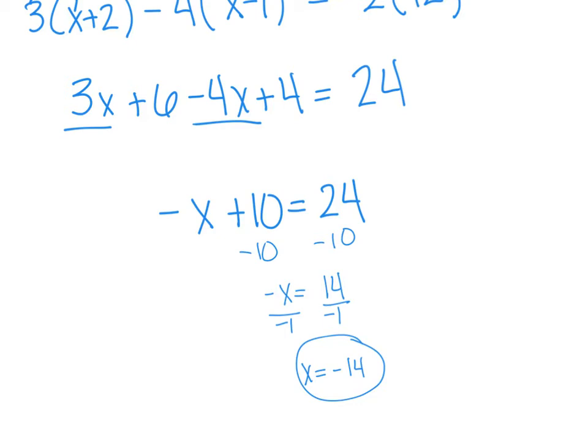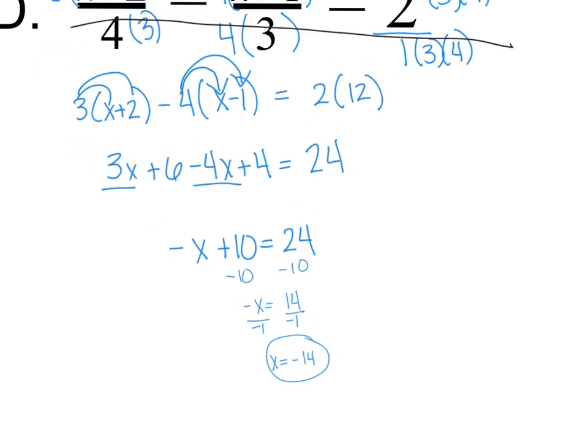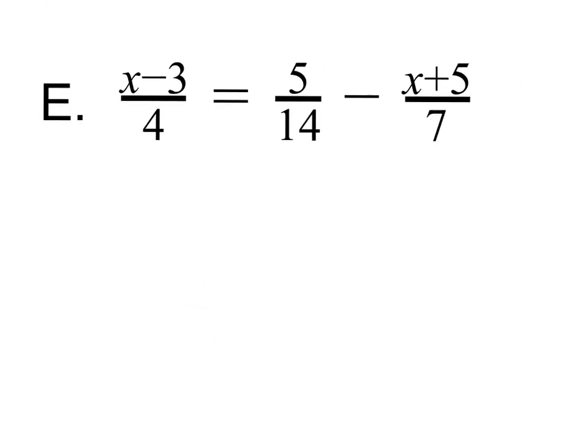All right, so let's go ahead and try the next one. I'm going to let you try it first, and then we'll move on to it. So there it is, E. All right, so we're going to make the greatest common factor 28. Otherwise, you could just multiply the bottoms by each other and get the same answer. So I'm going to multiply this by 7, this by 2, and this by 4.